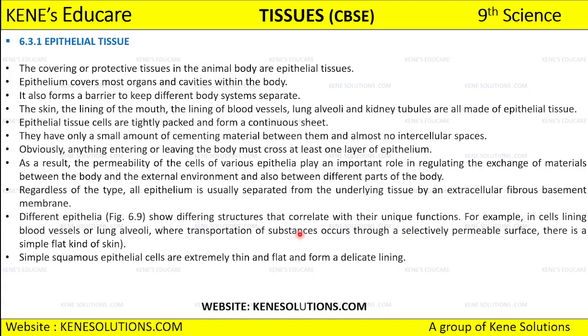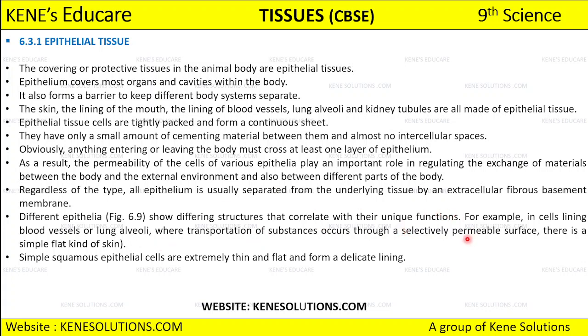For example, we have cells lining the blood vessel or the lung alveoli. वहाँ पे you will see that the transportation of substances occurs through a selectively permeable membrane. That is, there is a simple flat kind of skin present.